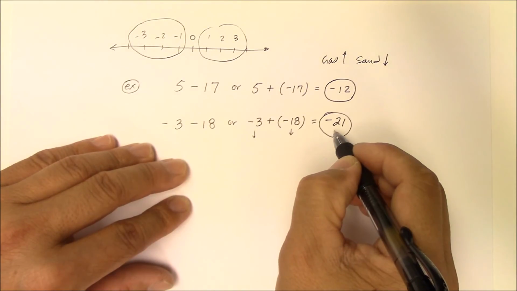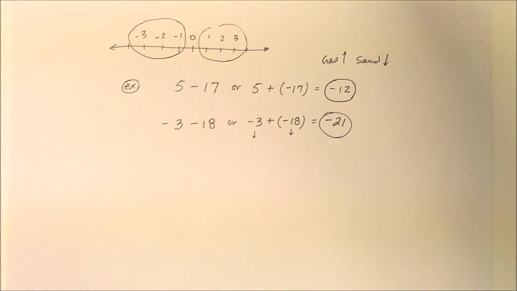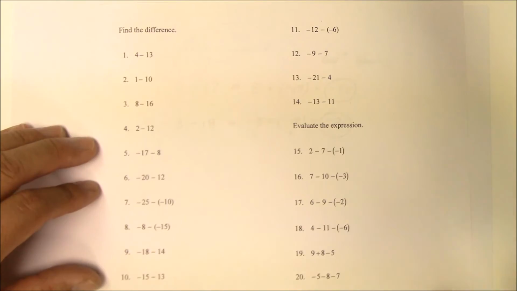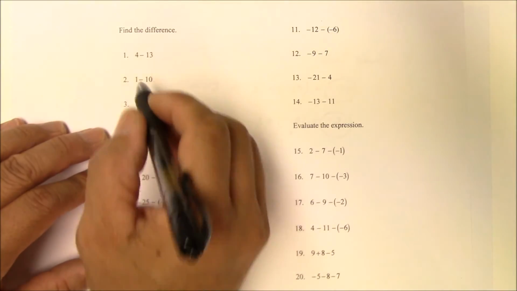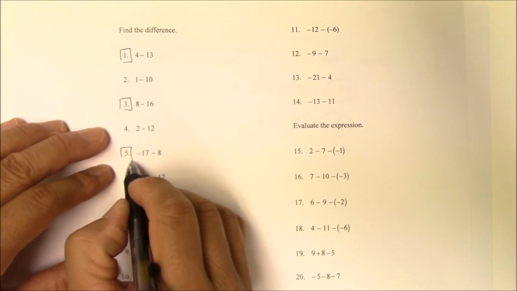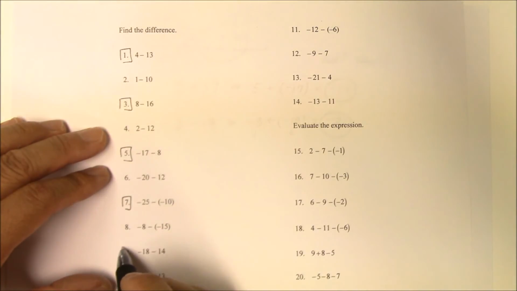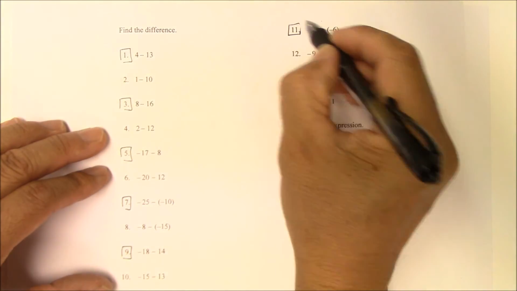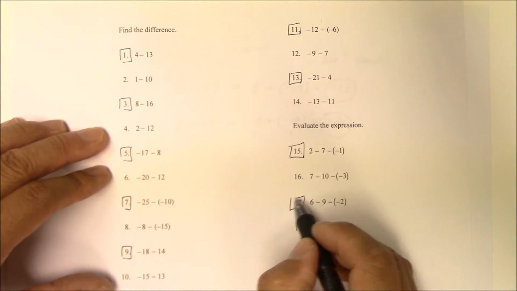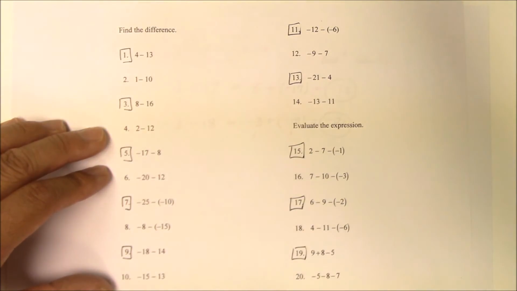Did you see how that worked? All right, then you could use that example and try to solve these problems. And let's have you do all the odd numbers: 1, 3, 5, 7, 9, 11, 13, 15, 17, and 19.